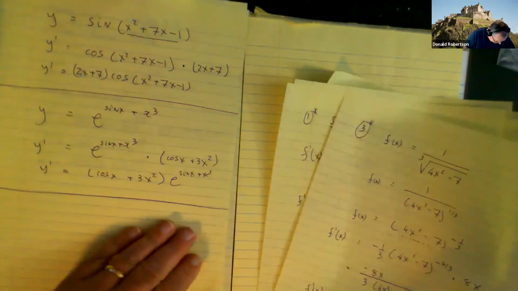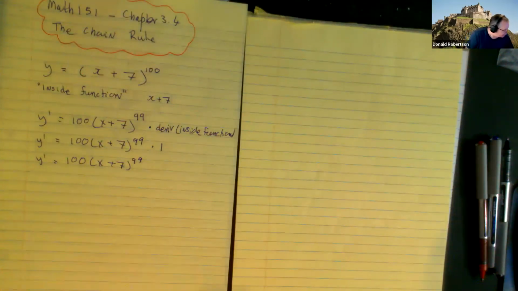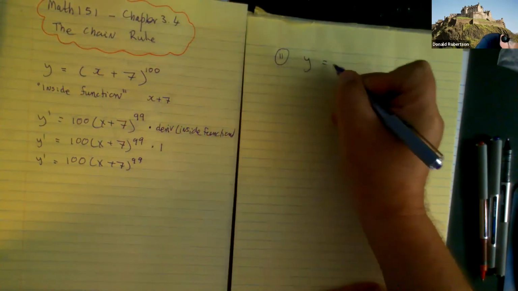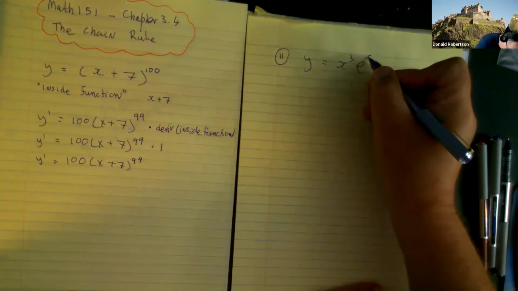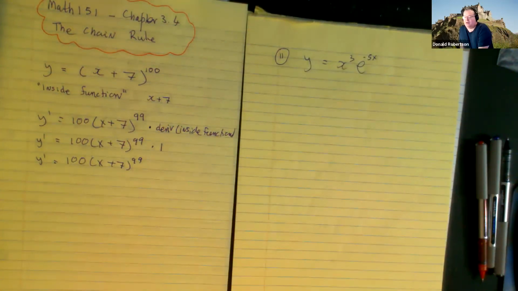And then we add even more layers. We can differentiate that function, but now we have to marry it with one of the other rules that we've got.